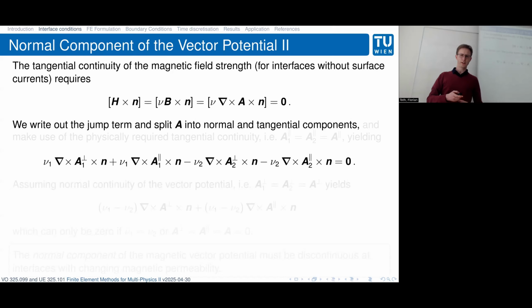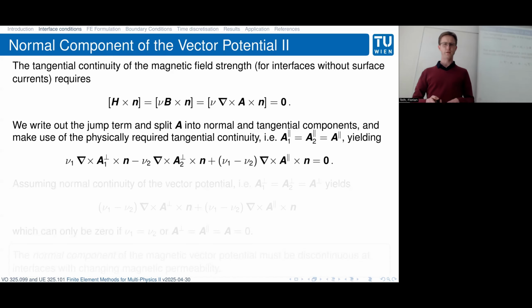And now let's again write out the jump term and split the A into its normal and its tangential component. So this is just the split inserted here. And now we can, for a test, just assume what would happen if we have the tangential continuity of the magnetic vector potential.